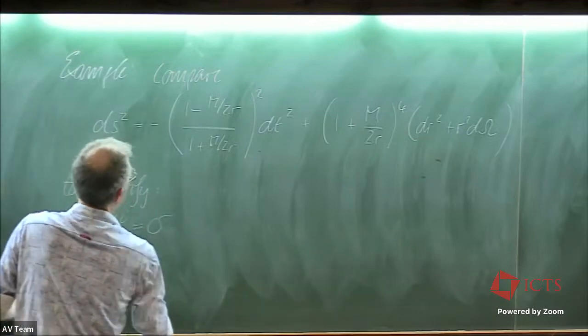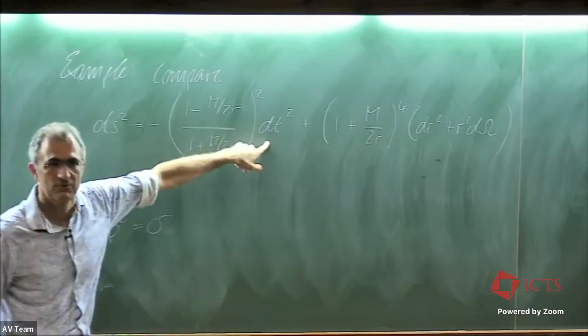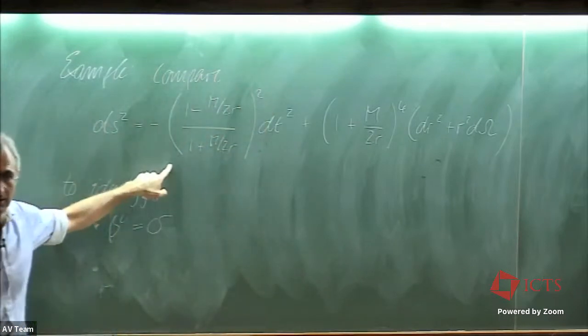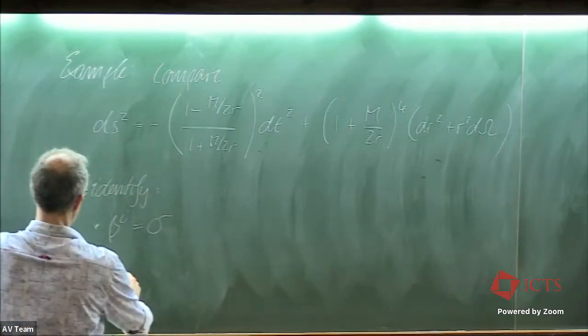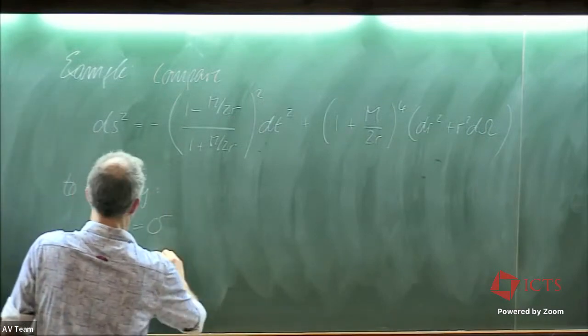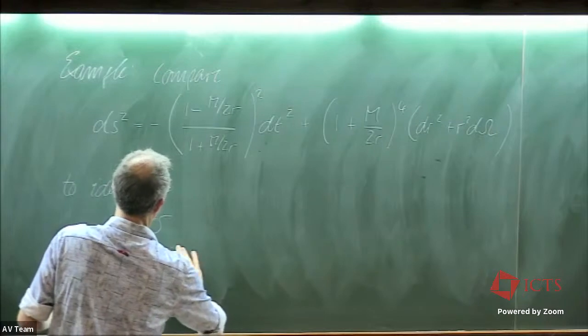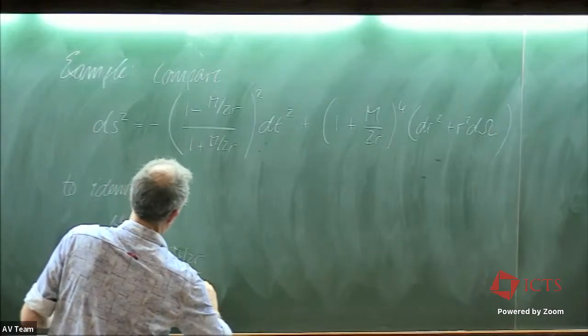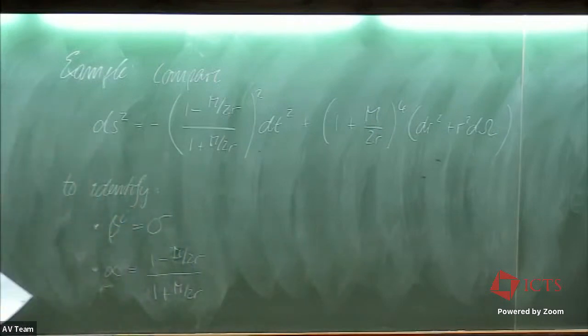Then we can look at the dt squared term alone. We see that this must be alpha squared. That means alpha by itself is just (1 minus m over 2r) divided by (1 plus m over 2r). Finally, we identify the spatial metric.